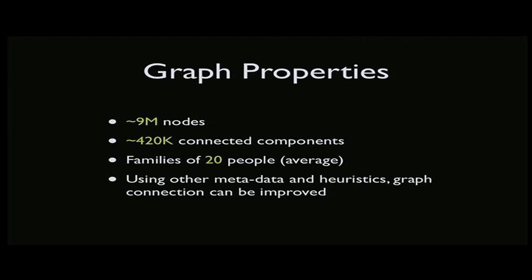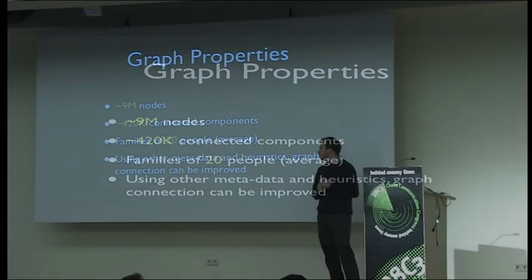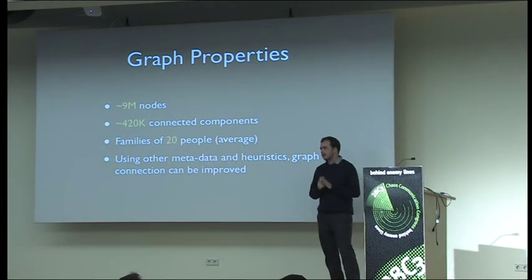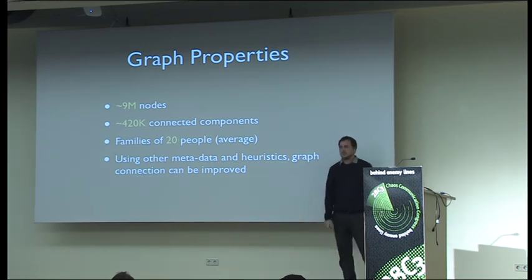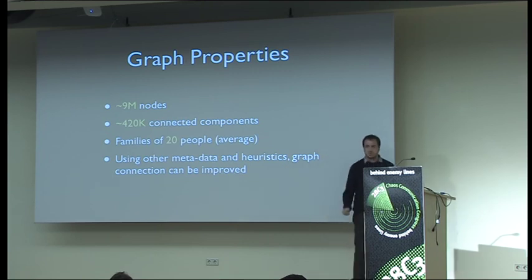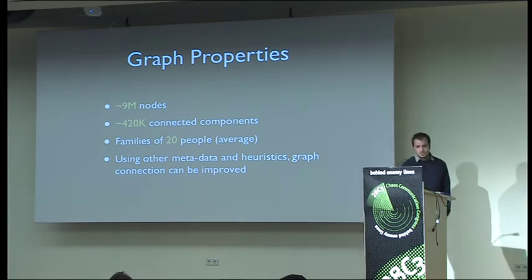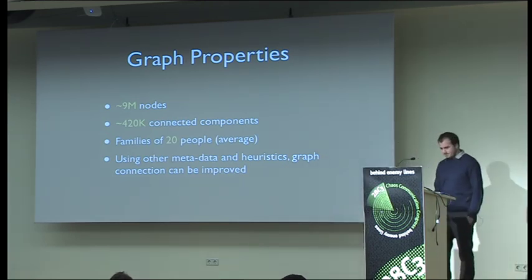It's interesting to note that the graph connectivity can be much stronger if you use other metadata and other heuristics, which I won't go into now because we don't have time. But this connectivity can definitely be improved, and then you can span relationships further apart. So that's about building a graph.